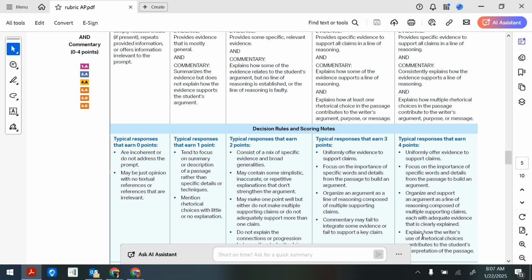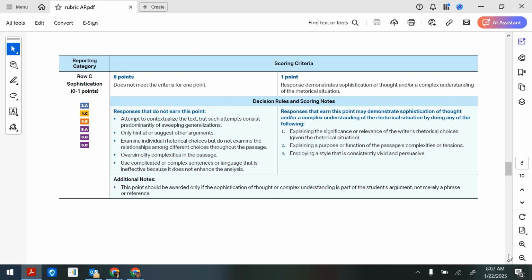And if you get that rhetorical situation, remember, if you look back at my other conversations and in the prep book, speaker, audience, message, tie those 3 things together. Just think the acronym SAM, speaker, audience, message. You can see. And then lastly is the sophistication. Now, is it a sophistication of thought and or complex understanding of the rhetorical situation?